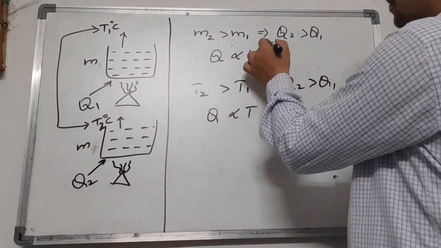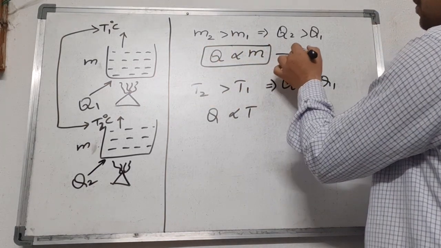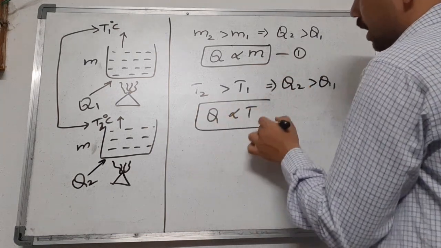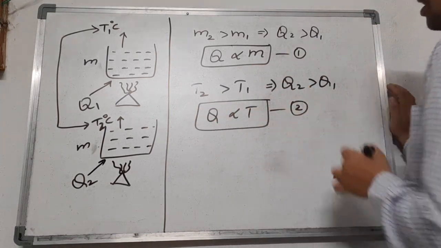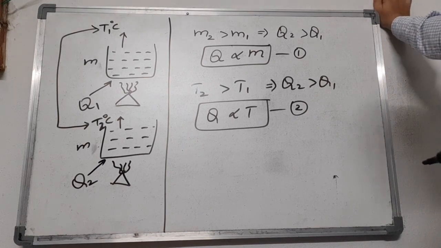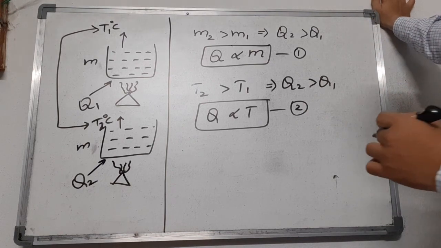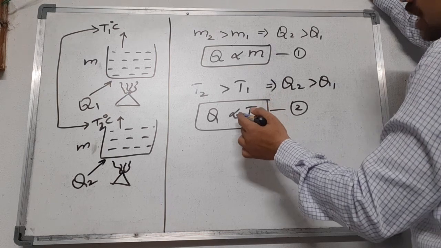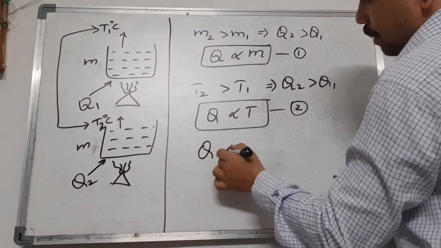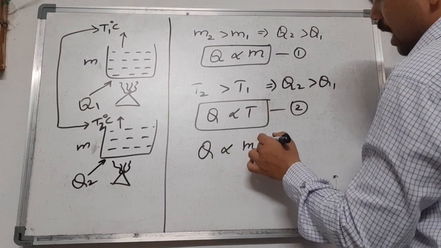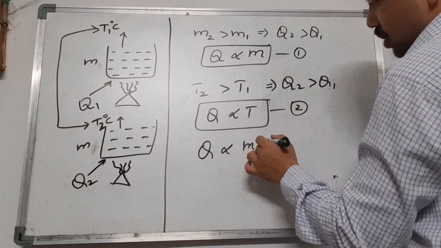And next, this is proportionality equation 1 and this is proportionality equation 2. Next, from 1 and 2, what can I write here? From 1 and 2 I can write that Q is directly proportional to mass and temperature.